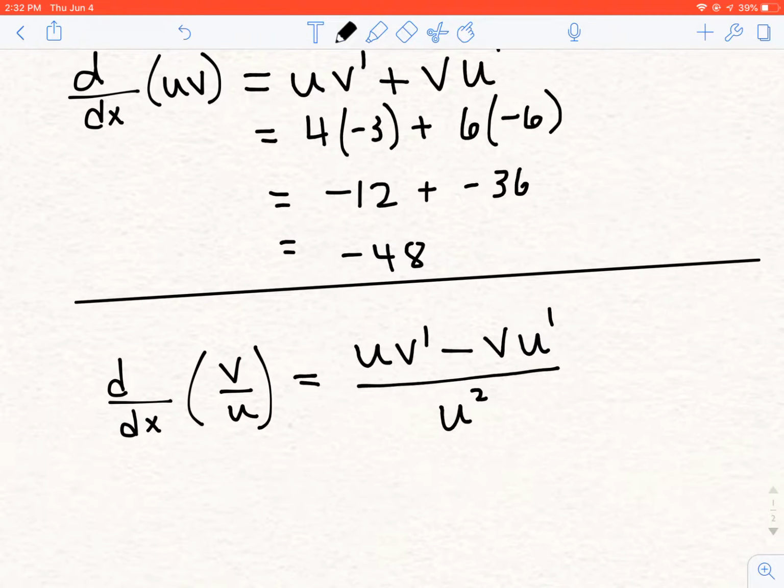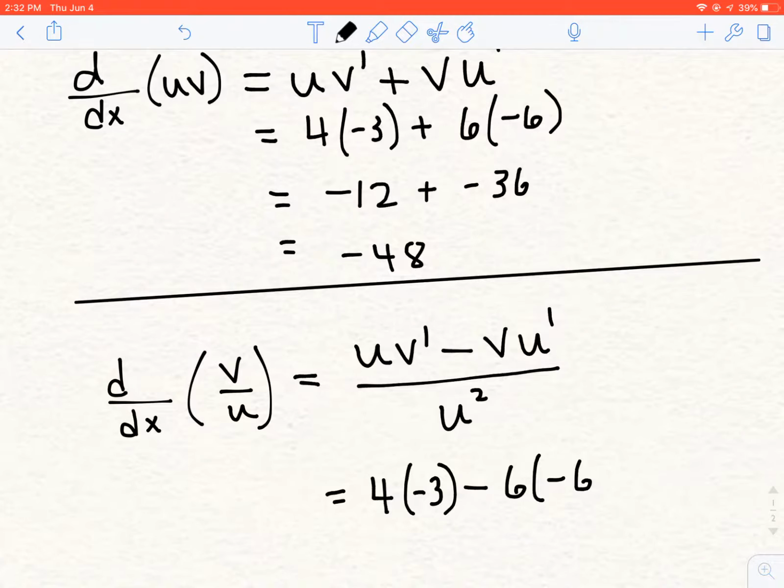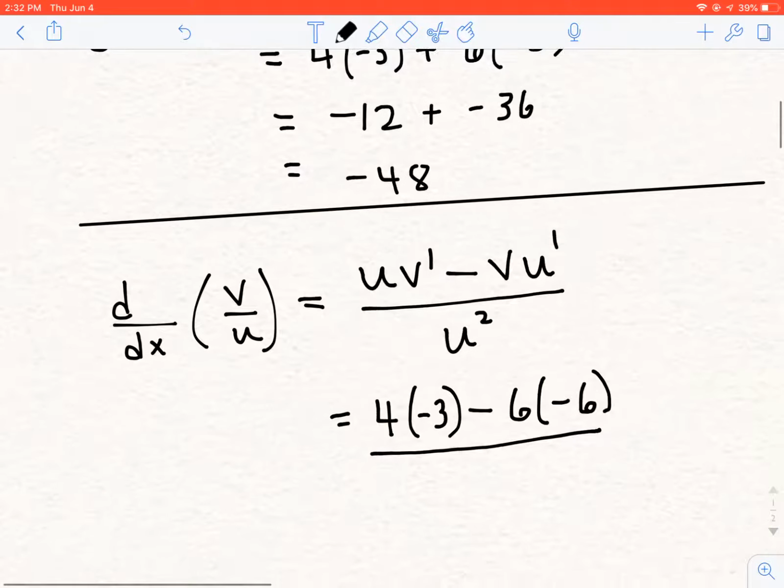Again, u is 4, v prime is -3, minus v, which is 6, times u prime, which is -6, all over u, which is 4, squared.